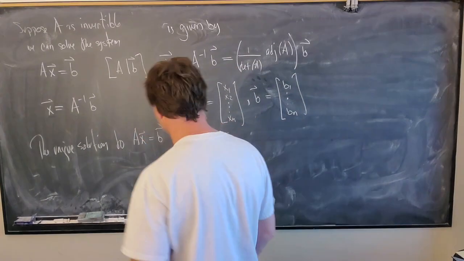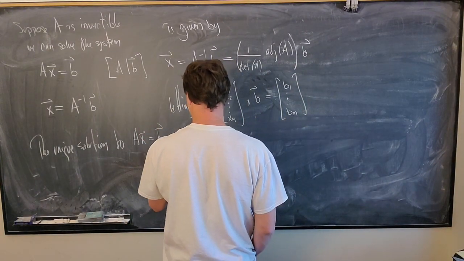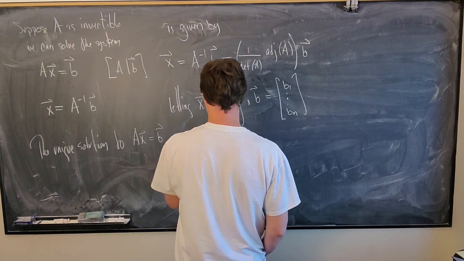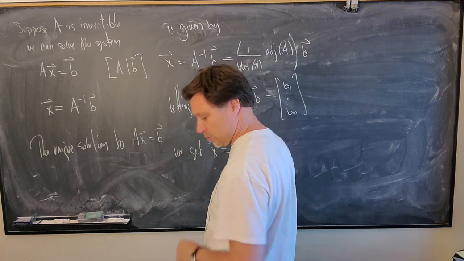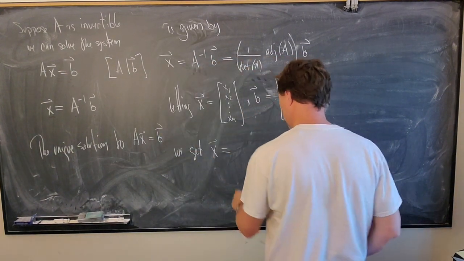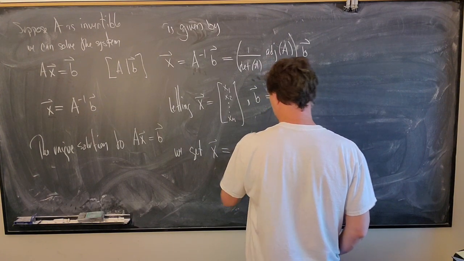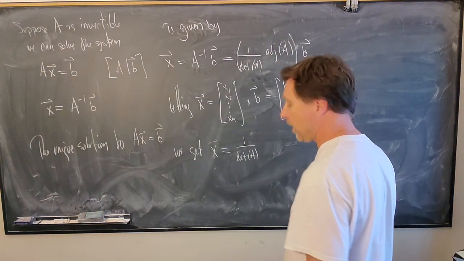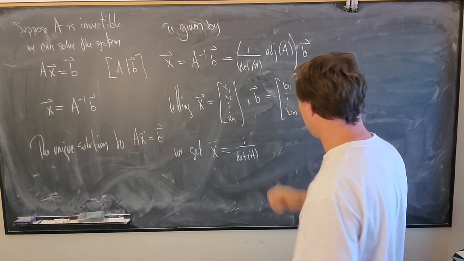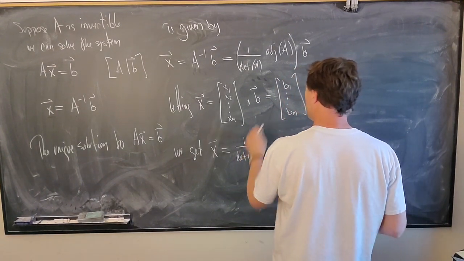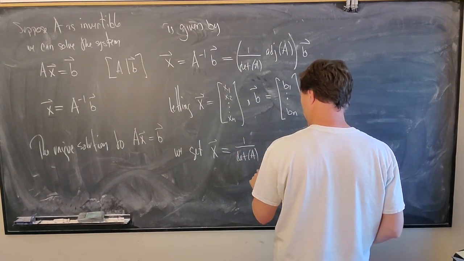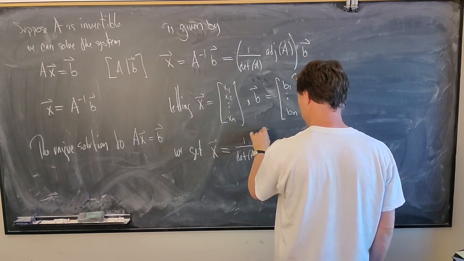What we have is X equal to, let's actually write this out, 1 over the determinant of A times, so let's see now, who is the adjoint?